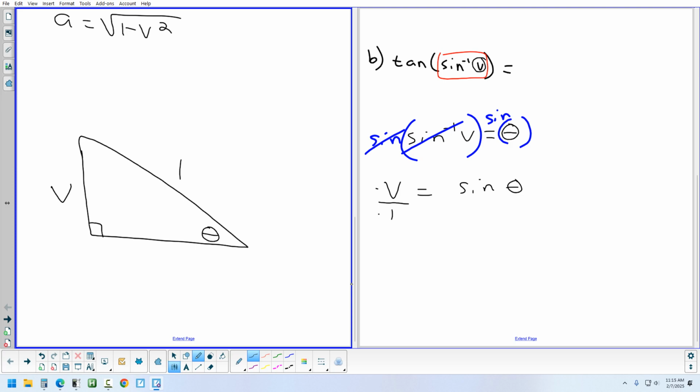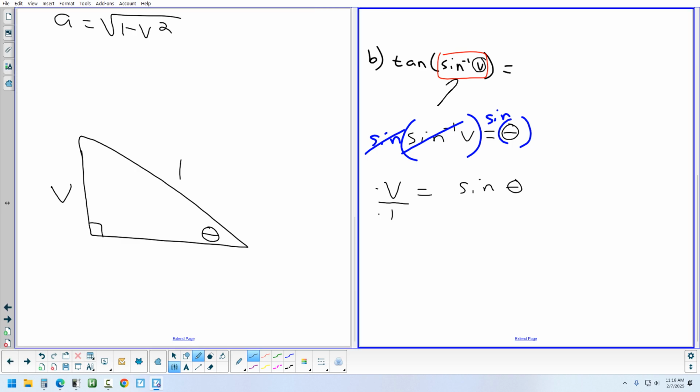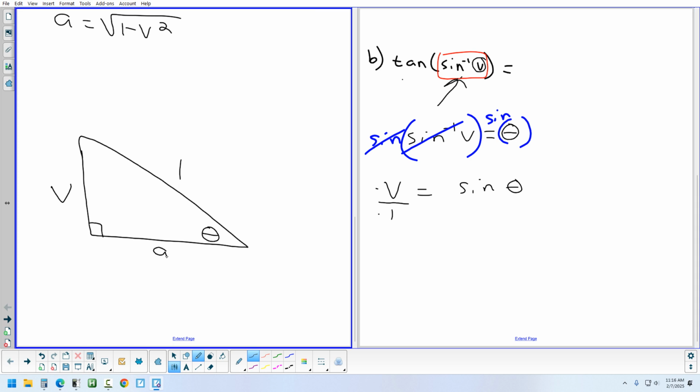All right. Now, what trig function do they want us to do in this diagram? They want the tangent. Okay, so we made a visual of the inside, and now we're going to do the tangent of what we just drew. Tangent is what over what? Opposite over adjacent. I don't know adjacent, so I need to solve for it.